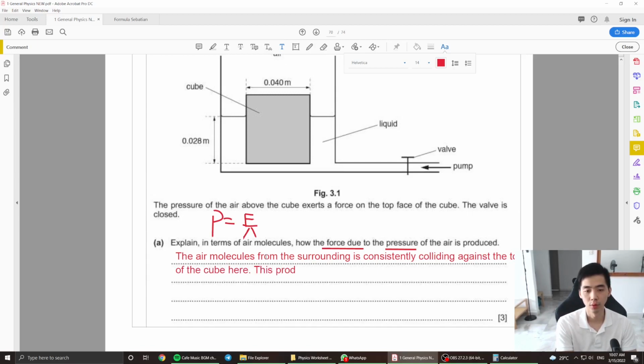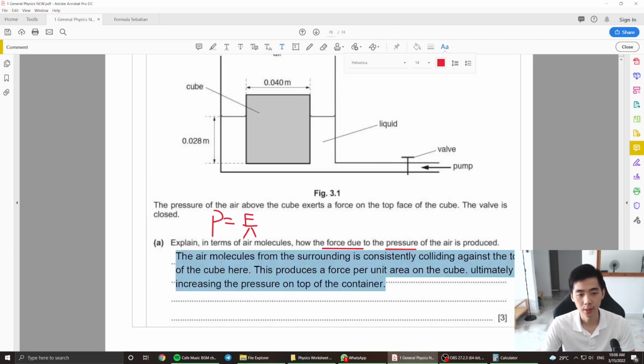This produces a force per unit area on the cube, ultimately increasing the pressure on top of the container here. Okay, the air molecules from the surrounding are consistently colliding against the top of the cube. This produces a force per unit area on the cube, ultimately increasing the pressure on top of the container here. Alright?